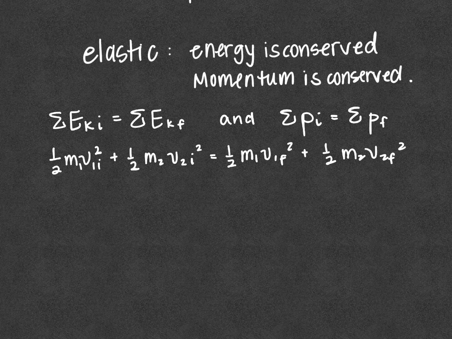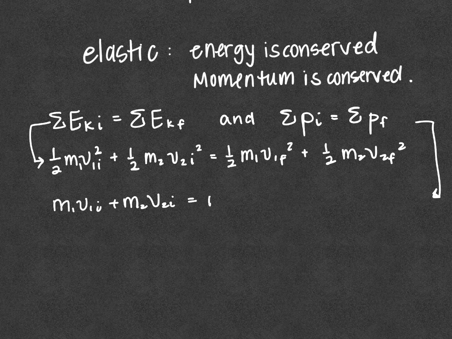So this is our conservation of energy. And then for our conservation of momentum, I'll come down here. It will look like m1 v1 initial plus m2 v2 initial is equal to m1 v1 final plus m2 v2 final.